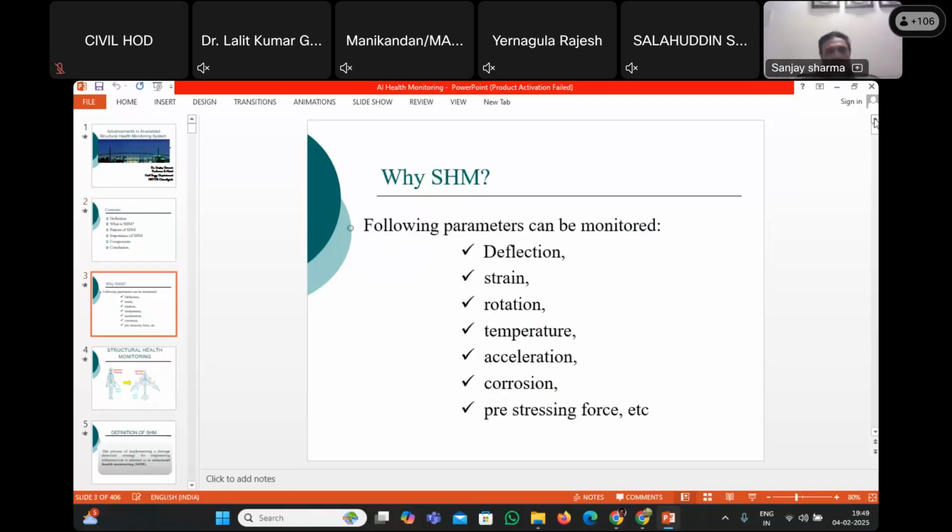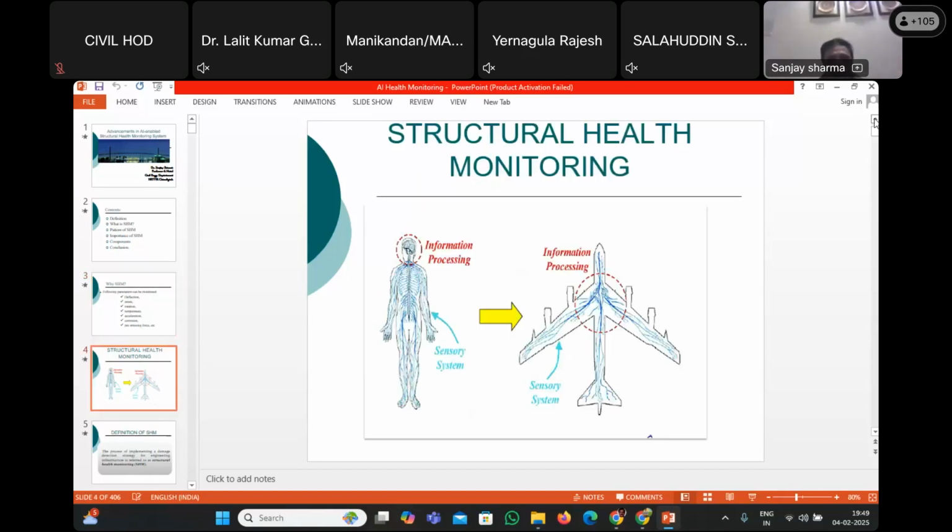That is very important. The basic parameters we need to understand are deflection, strain, rotation, temperature, acceleration, corrosion, and any forces like pre-stressing or post-stressing, whatever forces are being put on a particular building, and what effect is going to be caused on a particular member of the building.